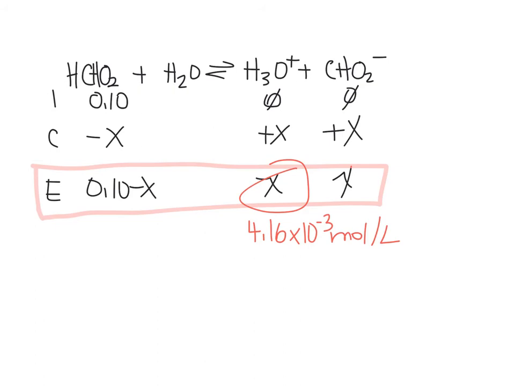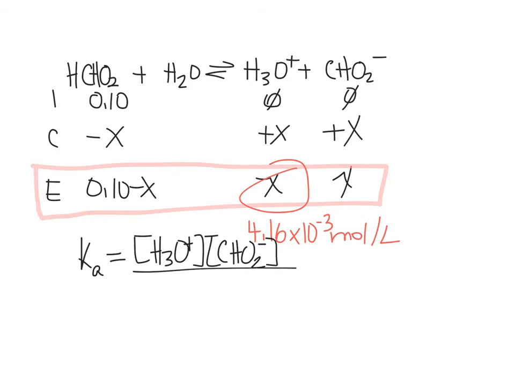So set up your K expression. Ka is equal to your hydrogen ion concentration, your methanoate concentration, all over your acid concentration.